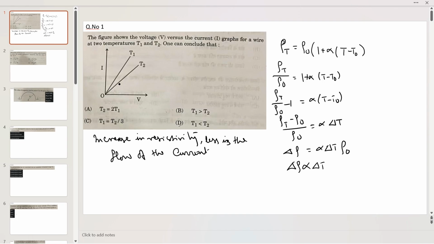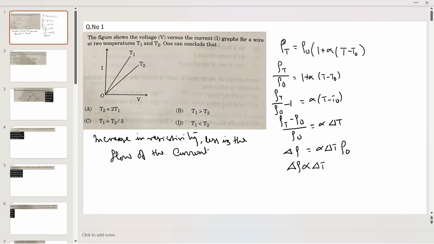At T2 your current is this one, and at that same voltage for T1 the current is here, more than that in T2. So from this we conclude that because there is increase in resistivity, the current flow decreases. That means increase in resistivity is because of the increase in the temperature.